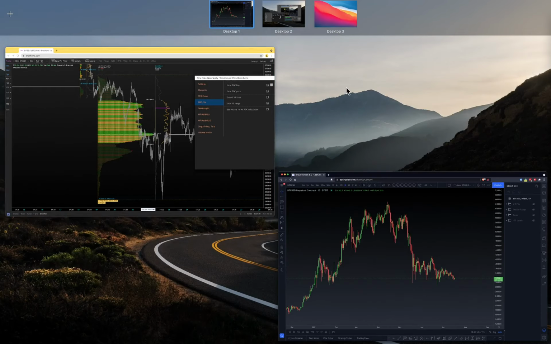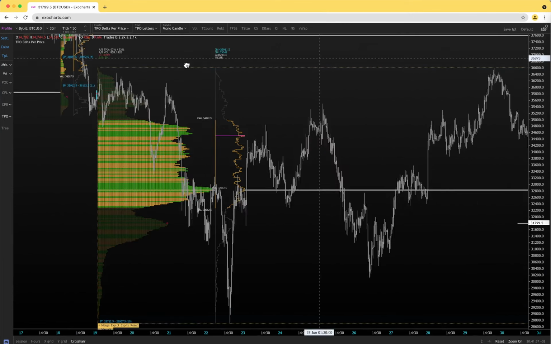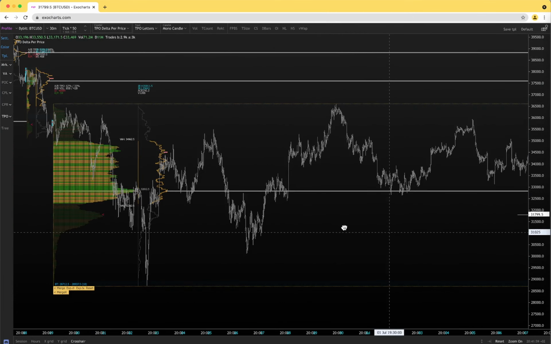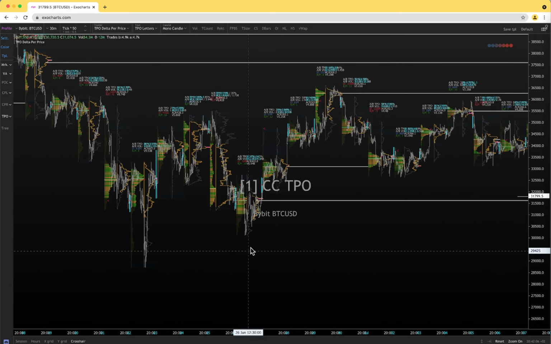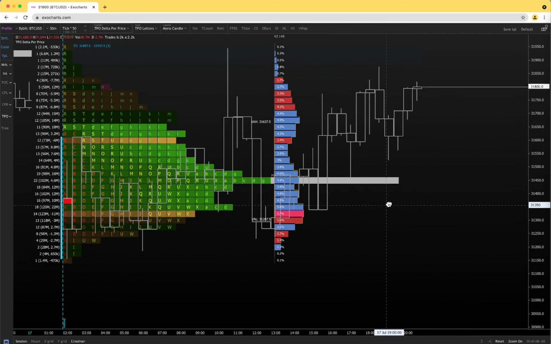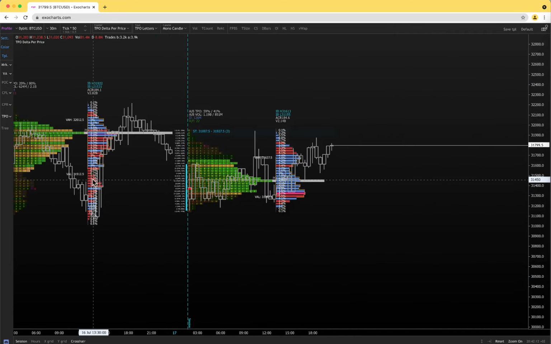The next thing is marking out the naked point of controls here, and I would say this happened recently.